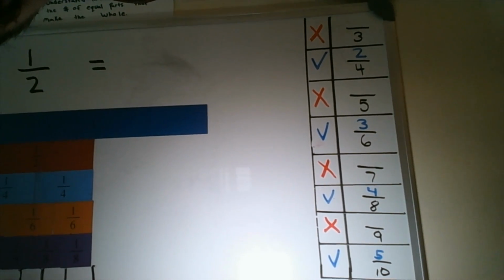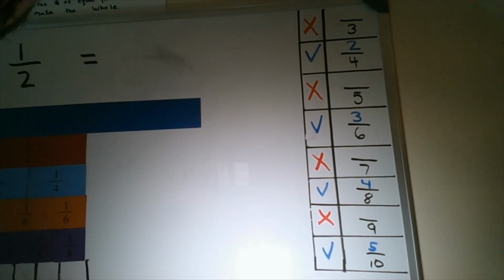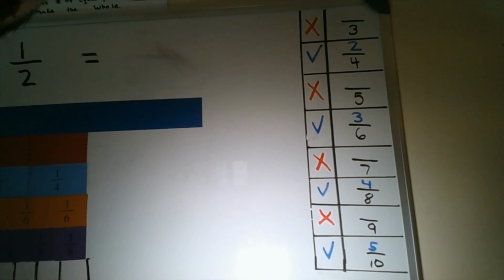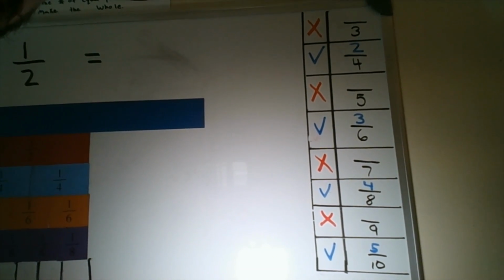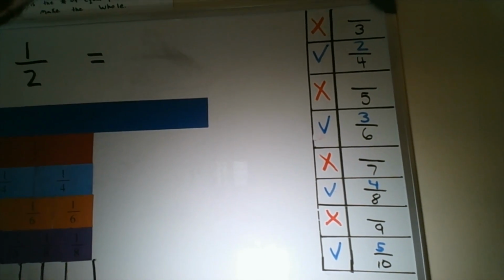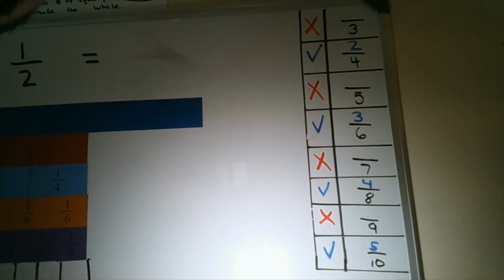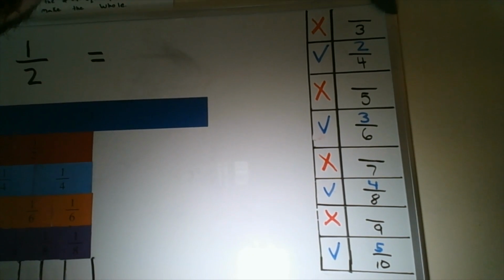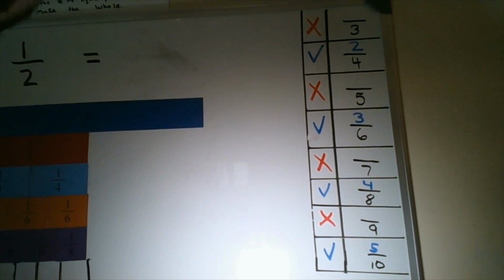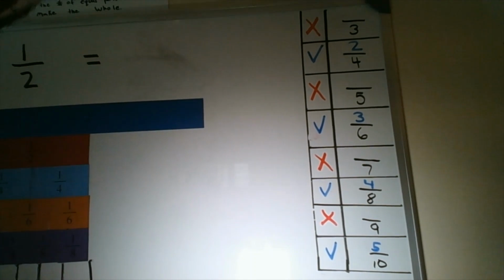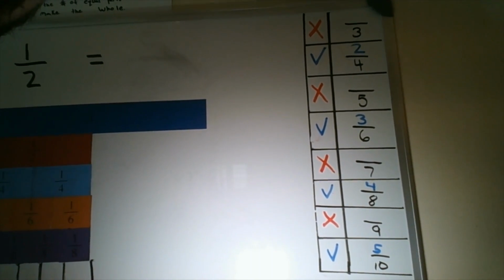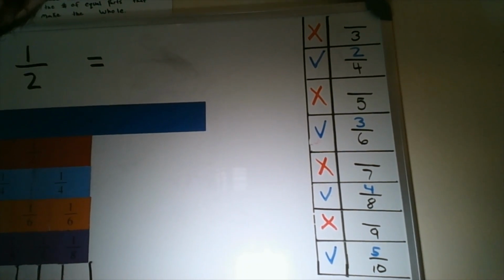It seems that every other fraction, when we're looking at the parts that make the whole, are equivalent to 1/2. I also notice that the numerators that are equivalent are increasing by 1. I also can see the denominators are increasing by 2.